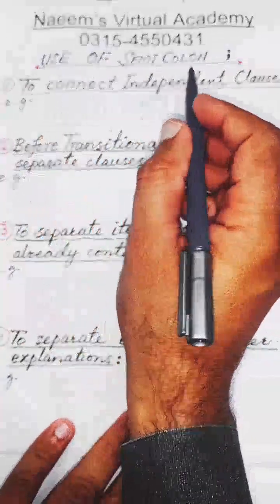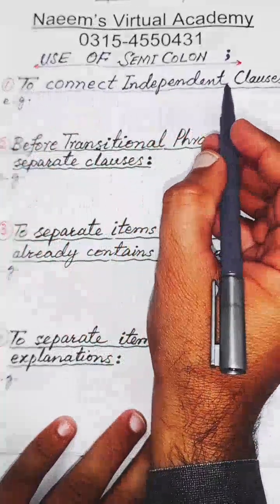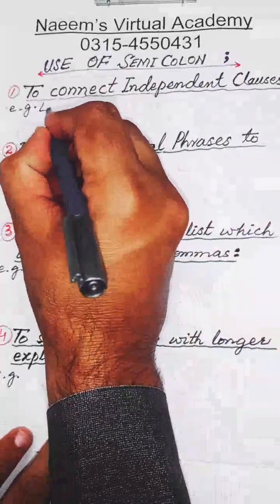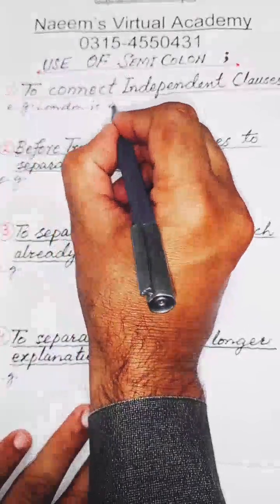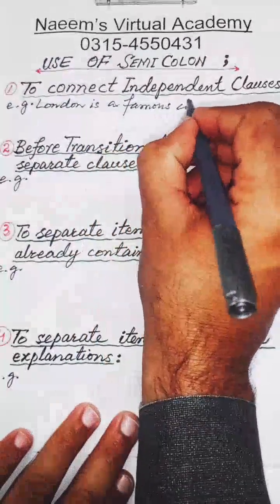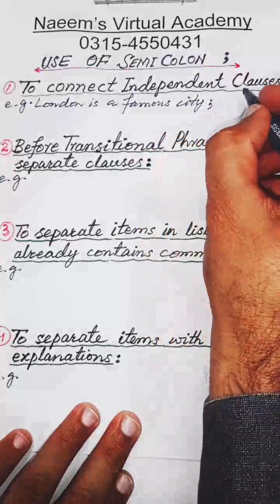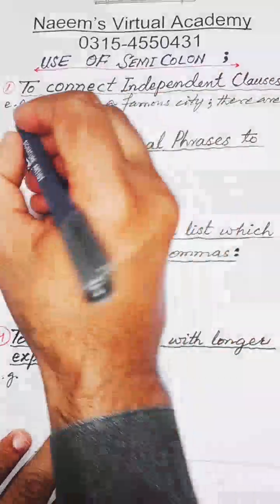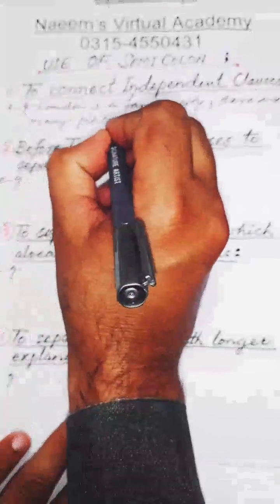What is the use of semicolon? First use of semicolon is to connect independent clauses. For example, London is a famous city; there are many places to visit.